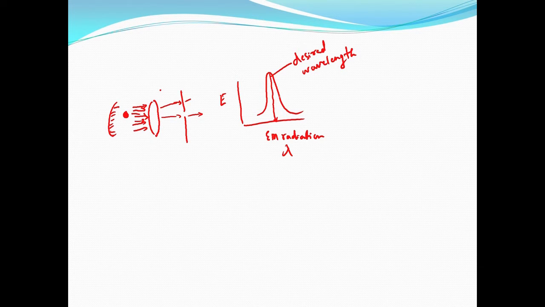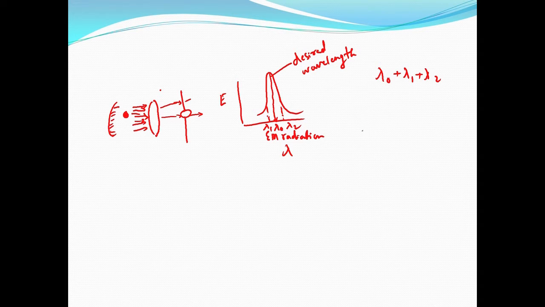But you will also get some unwanted but nearby radiations. So, this will be lambda 0, this will be lambda 1, this will be lambda 2. So, the slit will give you a mixture of lambda 0 plus lambda 1 plus lambda 2.